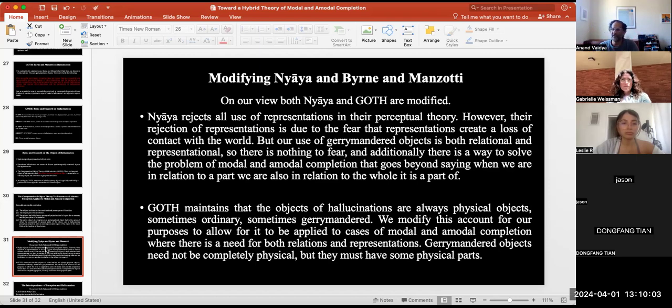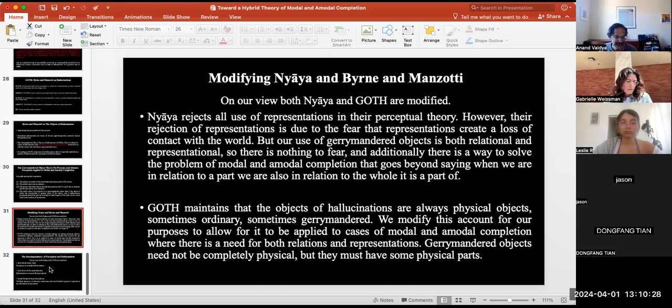Okay, so what we're modifying is that where Goth wants to say it's always physical parts, spatially and temporally discontinuous, perhaps, and gerrymandered, we want to say that the stitching can occur between physical objects and representations, right? So representations can be part of what's stitched together with a physical object. The brain is a lot more complex machine than we want to imagine. It doesn't always need physical objects. So that's what the modification is.